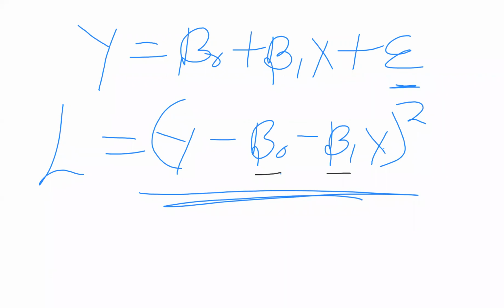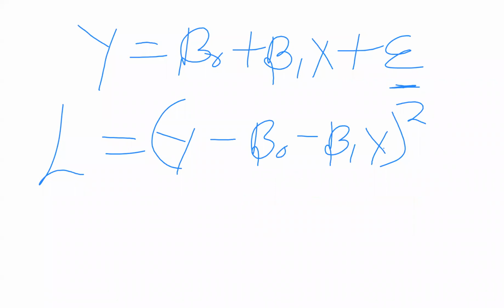So how do we differentiate this? From the basics of the chain rule that we learned back then. These are partial derivatives. You can start by differentiating this entire equation with respect to beta naught.